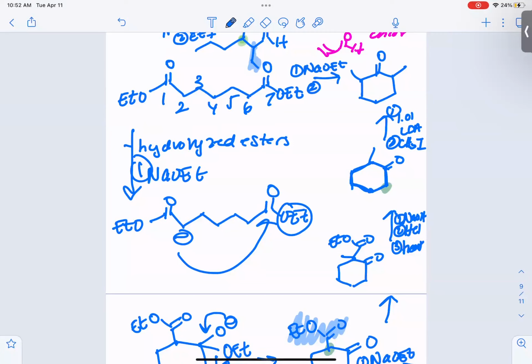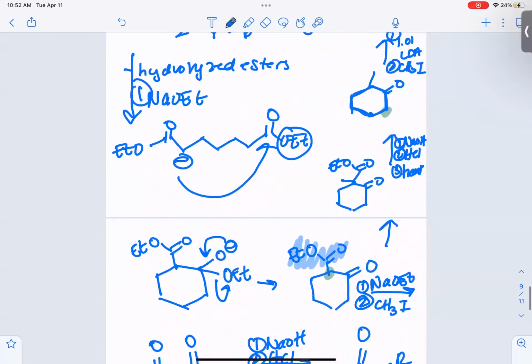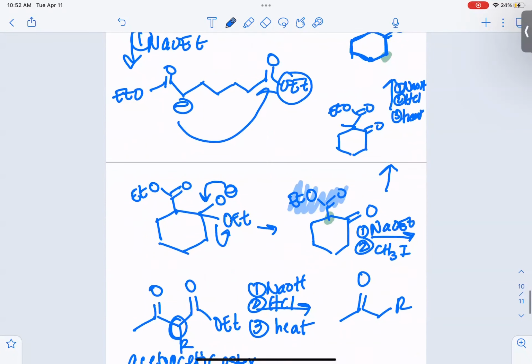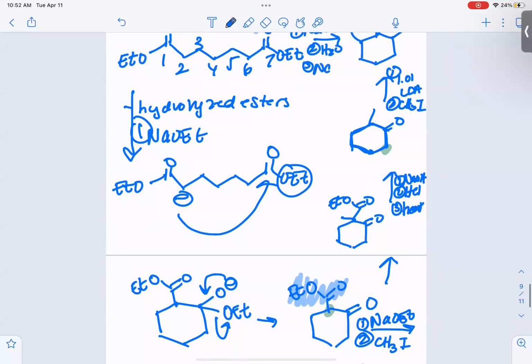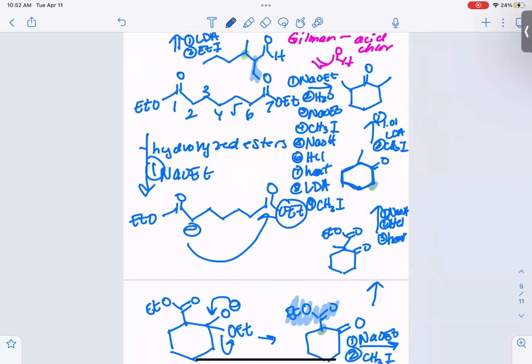I would add just some water to keep it protonated. Then I would add NaOEt again, add my methyl iodide, add my base, add acid, heat it up, add LDA, and then add methyl iodide. So that's the synthesis completely based upon what we've done.